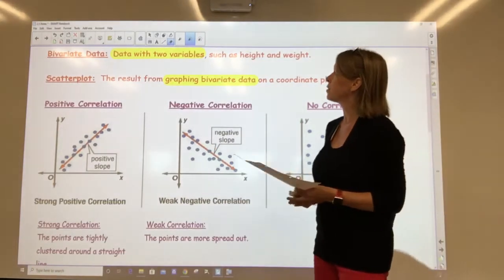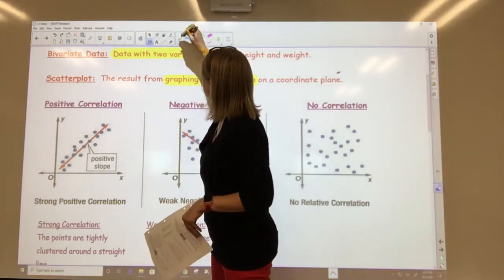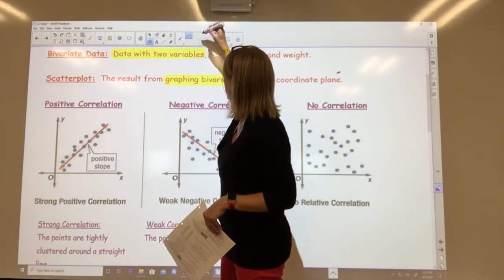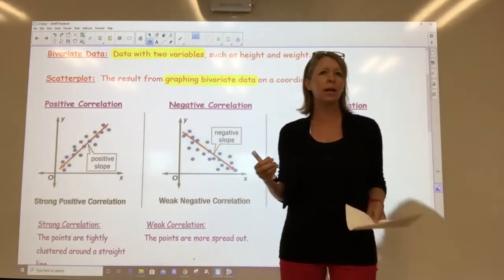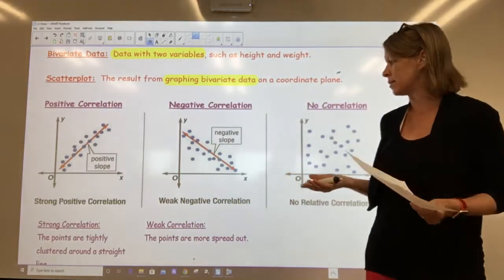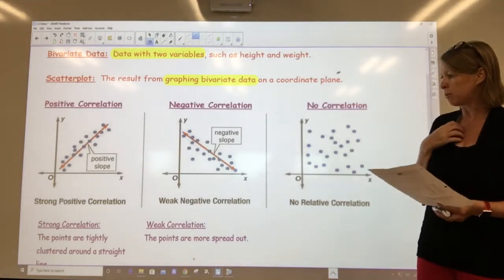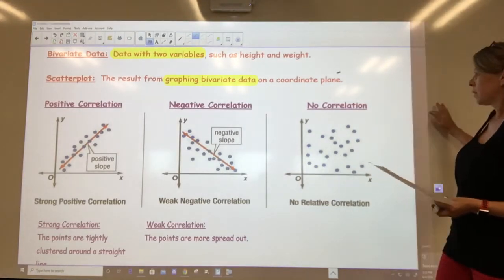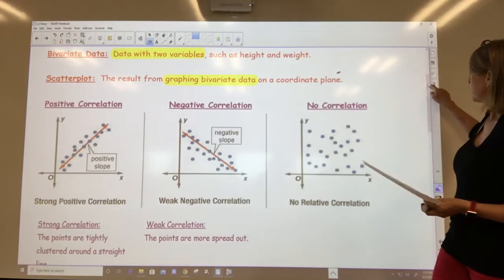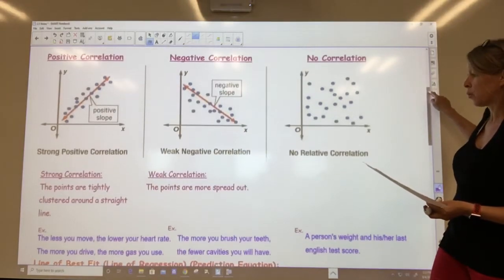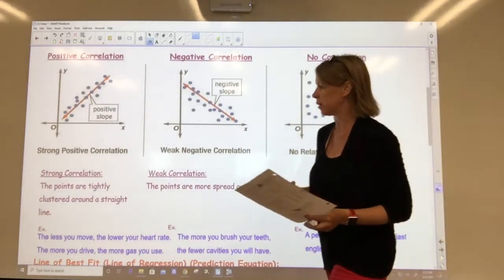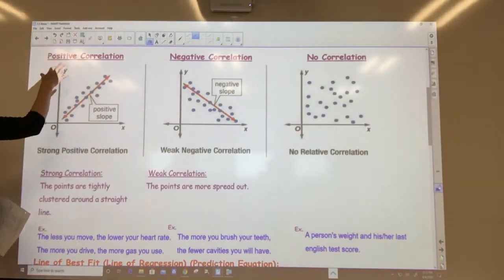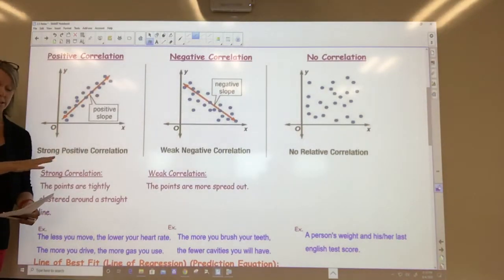Okay, here's something else that is definitely worth mentioning. Sometimes you're not given a scatter plot to look at, but instead you're just given some phrases. I'm going to give you some examples of two variables that would have a positive correlation.